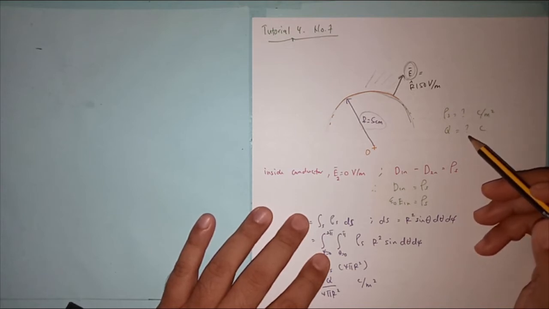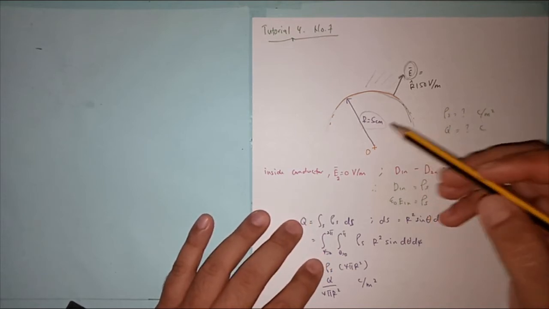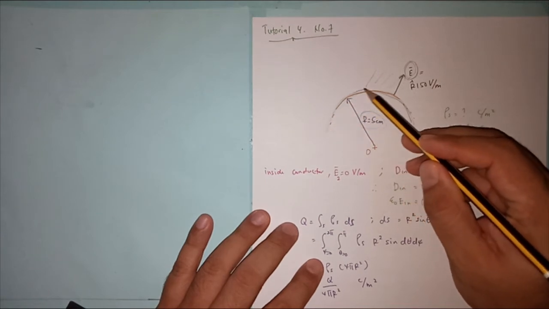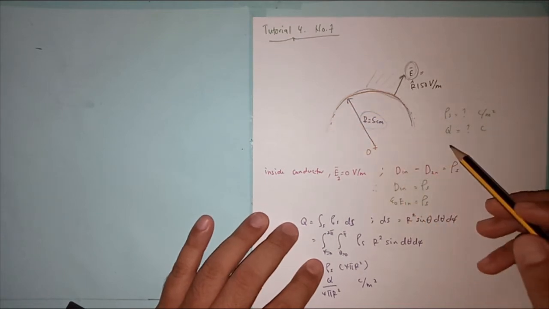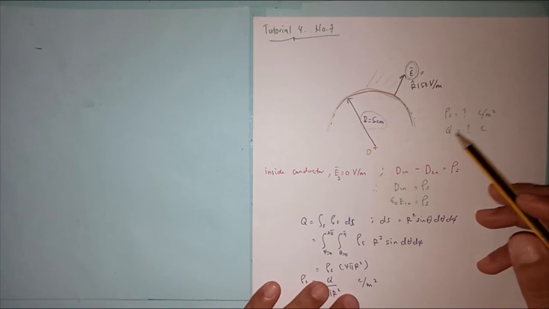We need to find the total charge that exists on the surface of this conductor.